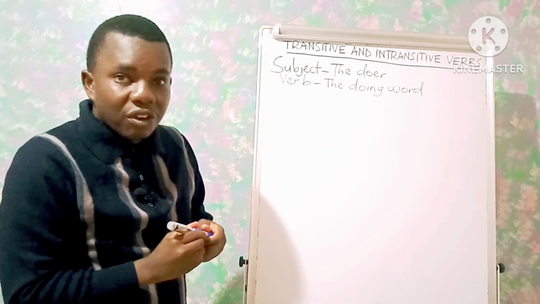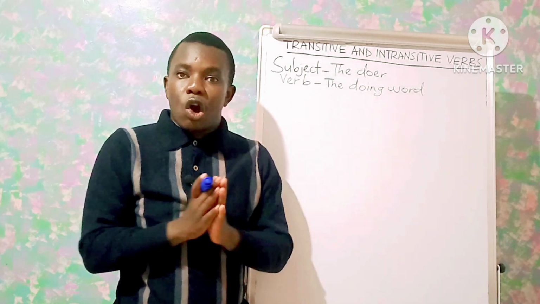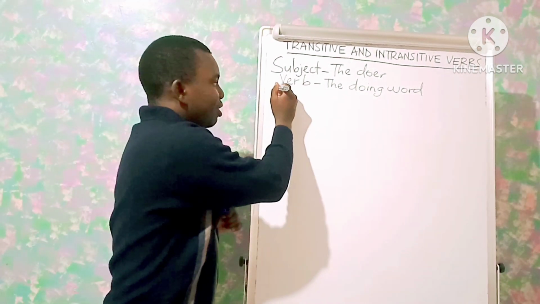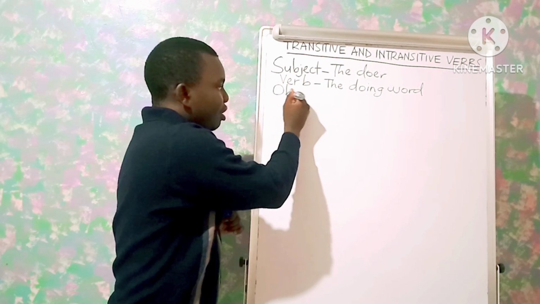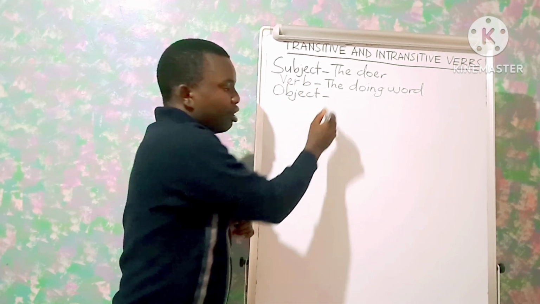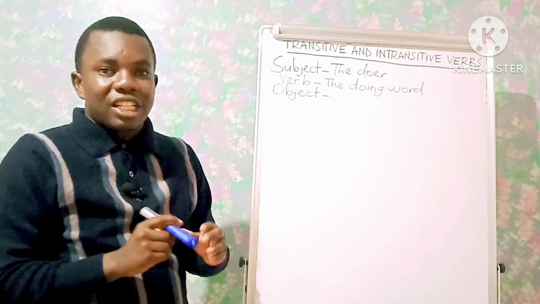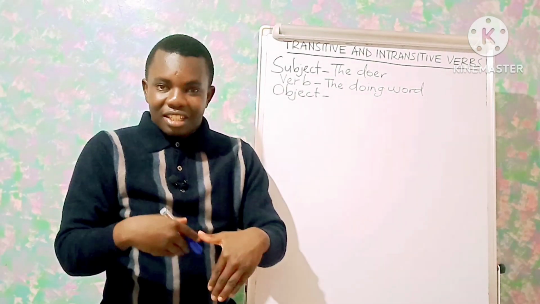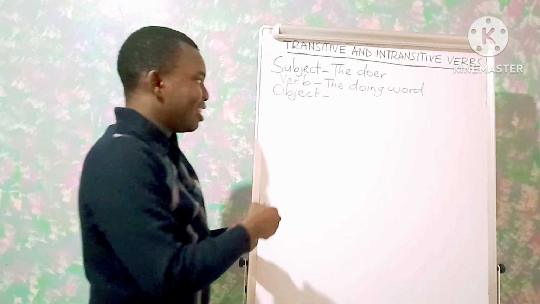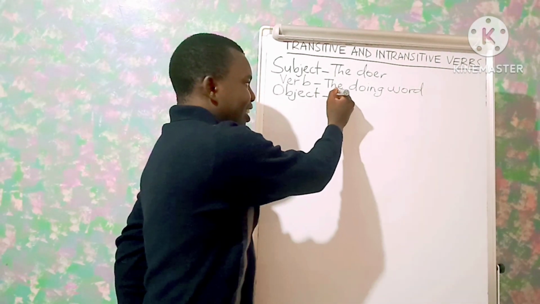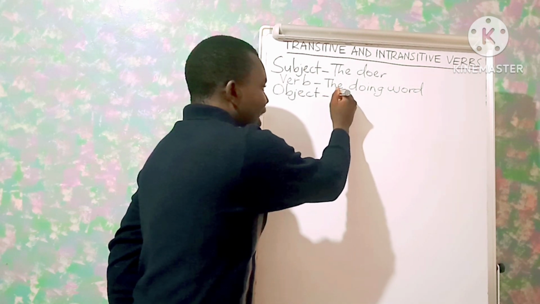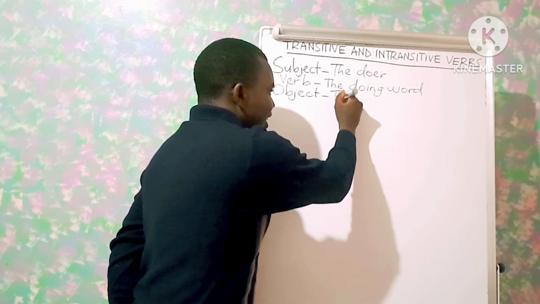Then we also have what we call the object. The object is the receiver of the action in a sentence. So, like in this case, we have the receiver.